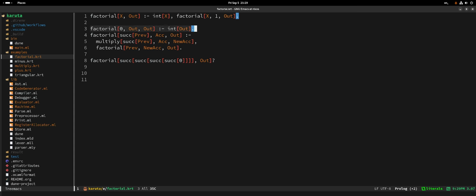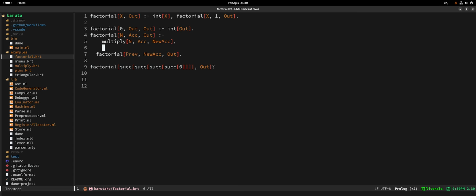Oh, this is the base case. I'm stupid. I thought this was some sort of property like we did with the multiply. Then we have something, n. We're gonna multiply that something.